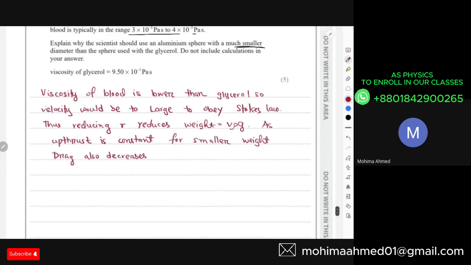Drag also decreases, as upthrust is constant, for smaller weight. Drag also decreases.